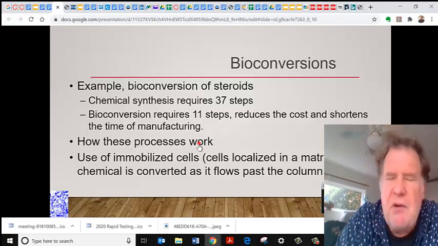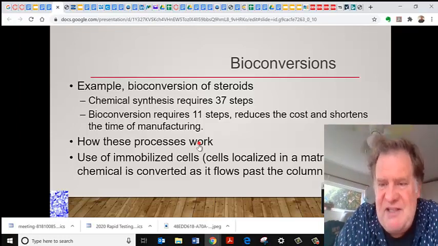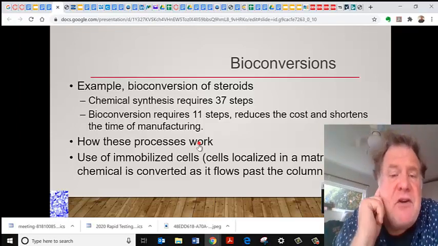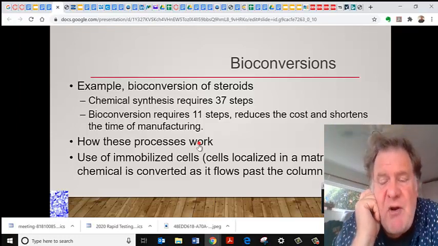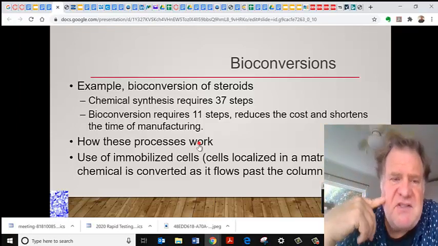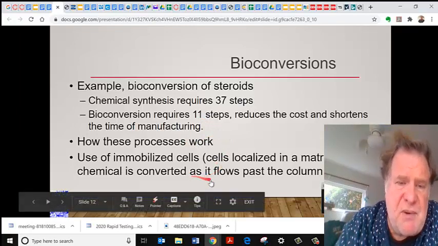You could start out with 100 kilograms and end up with gram quantities. The bioconversion requires 11 steps when we use microorganisms, and the great thing about microorganisms is that we can control the chirality as well, and I won't necessarily get into that. You should look a little bit at how these processes work.